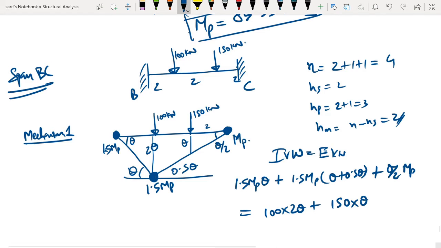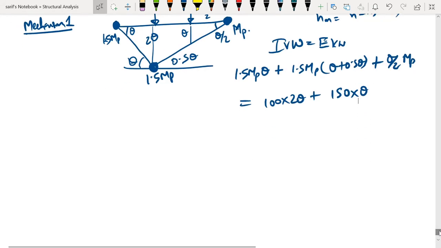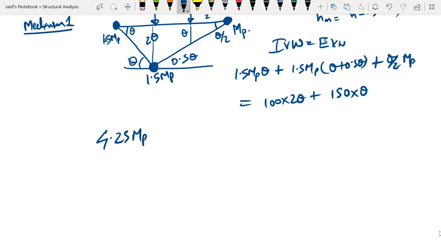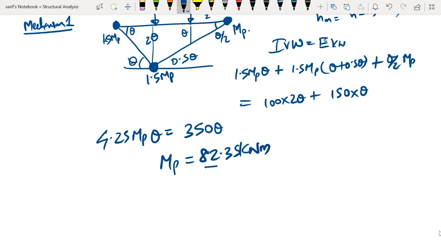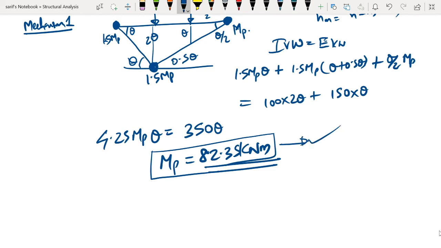If we simplify this, we get 4.25 MP theta equal to 350 theta, that is MP equal to 82.35 kilonewton meter.